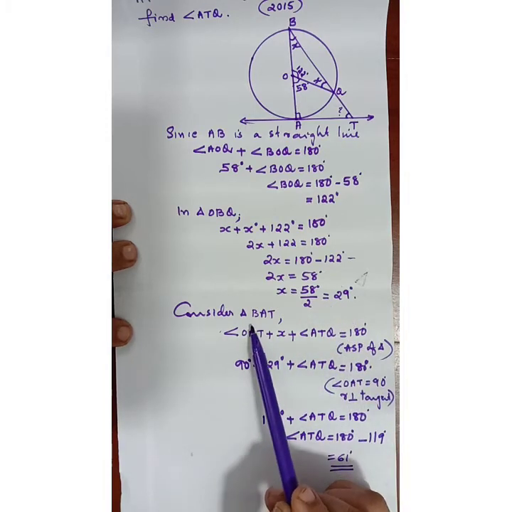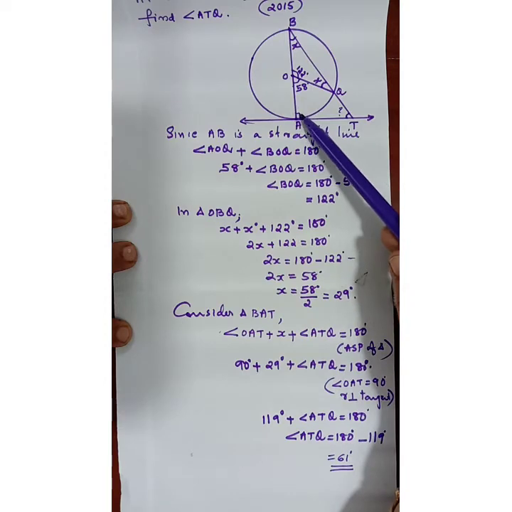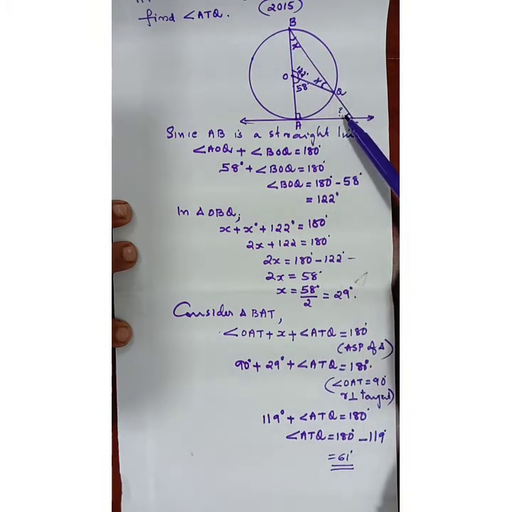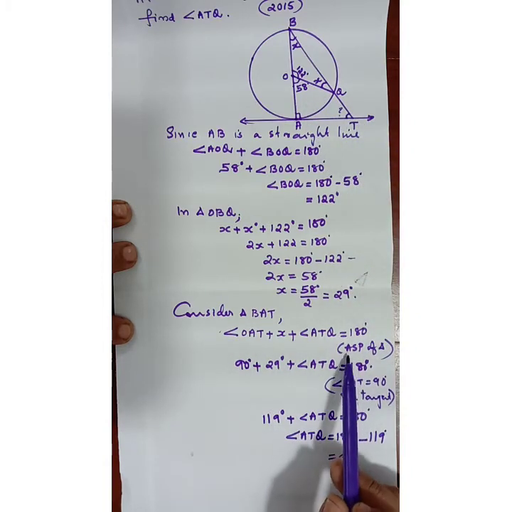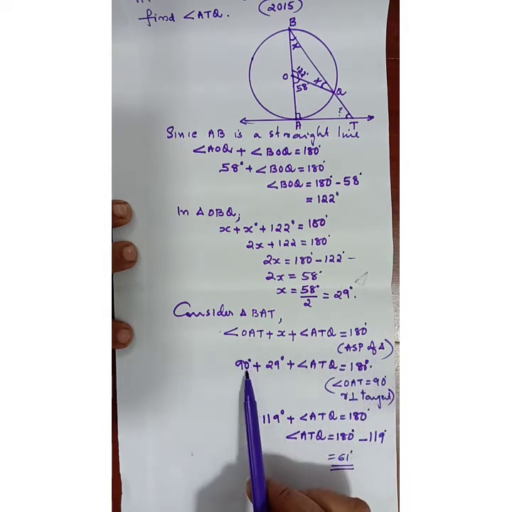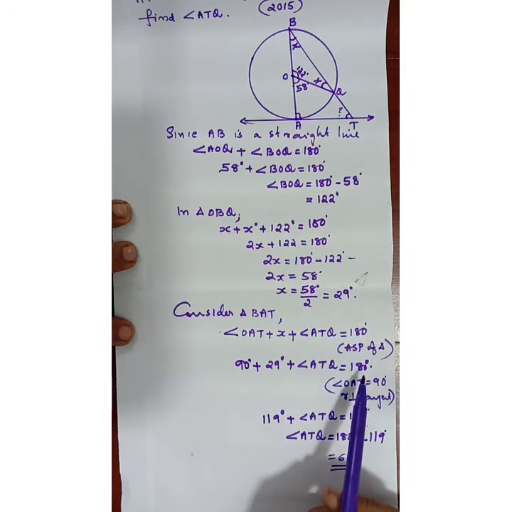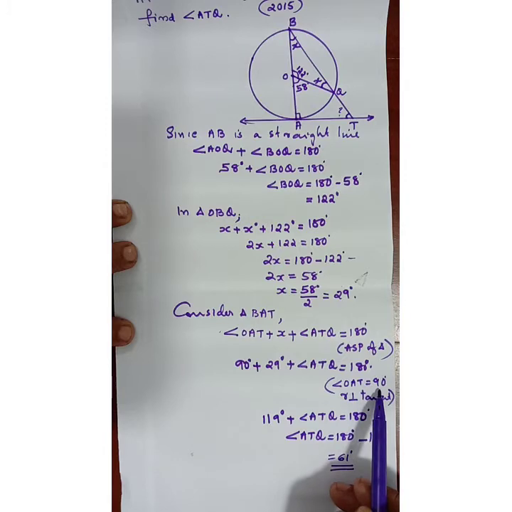Then we are considering triangle BAT. Here this angle plus x plus angle ATQ will be equal to 180 degree by angle sum property of triangle. We are substituting 90 plus 29 plus angle ATQ is equal to 180 degree. And we can write angle OAT is 90.